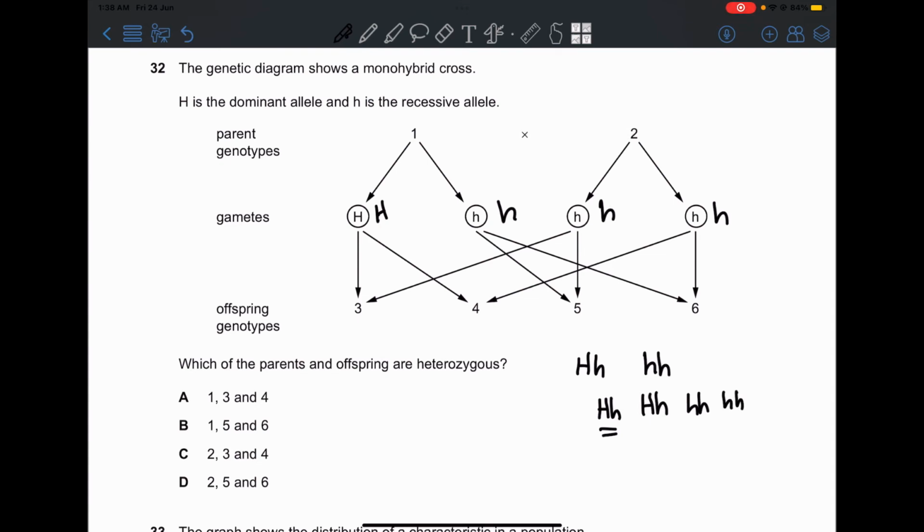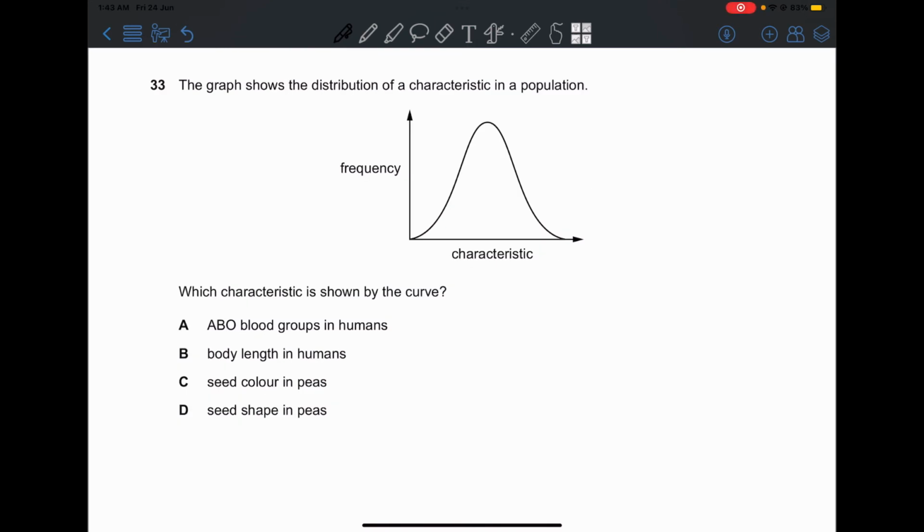So we're going to be choosing actually this one, number 3, and we're going to be choosing number 4, number 1, because it has the capital H and the lowercase h, so it's going to be 1, 3, and 4, which is actually A.